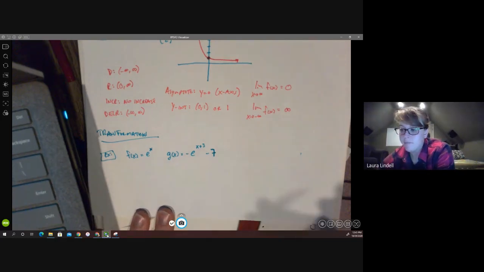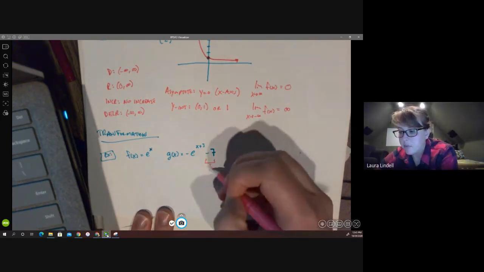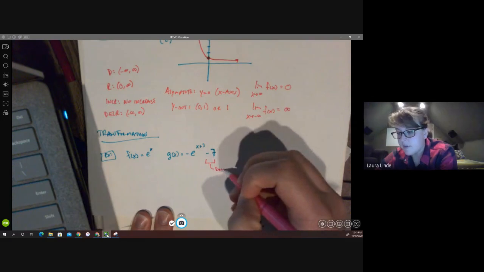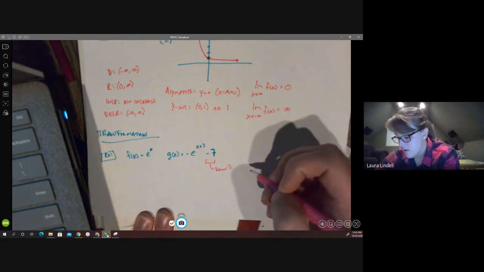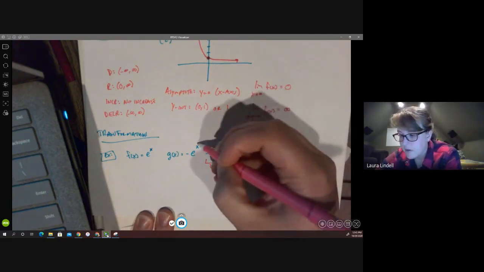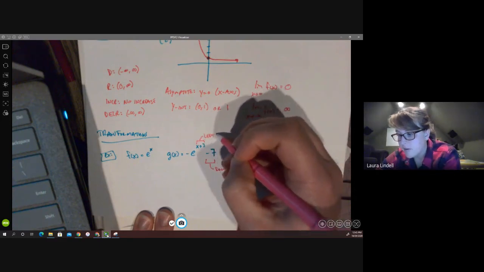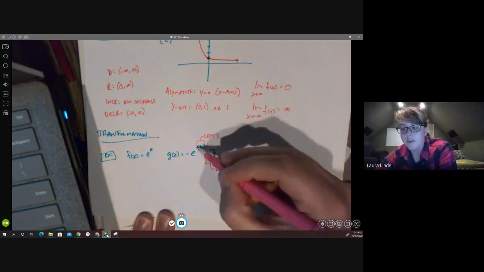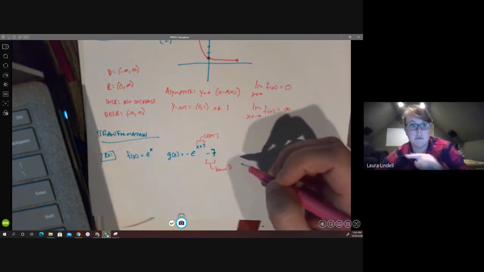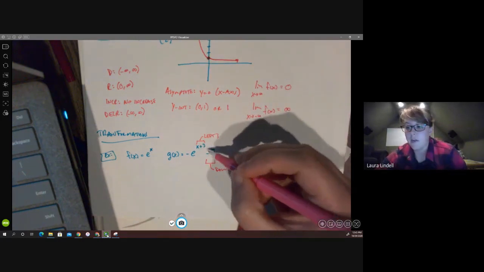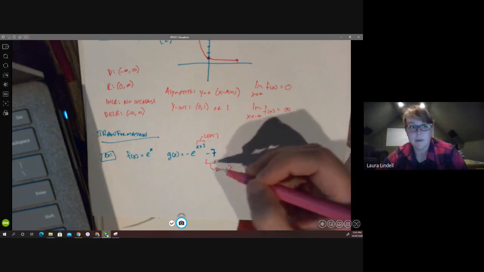For example, the minus 7 moves this thing down 7. The plus 3 moves this thing left 3. So if it's up in the exponent with the x, that's moving it left to right. If it's not up in the exponent, it's moving it up and down.